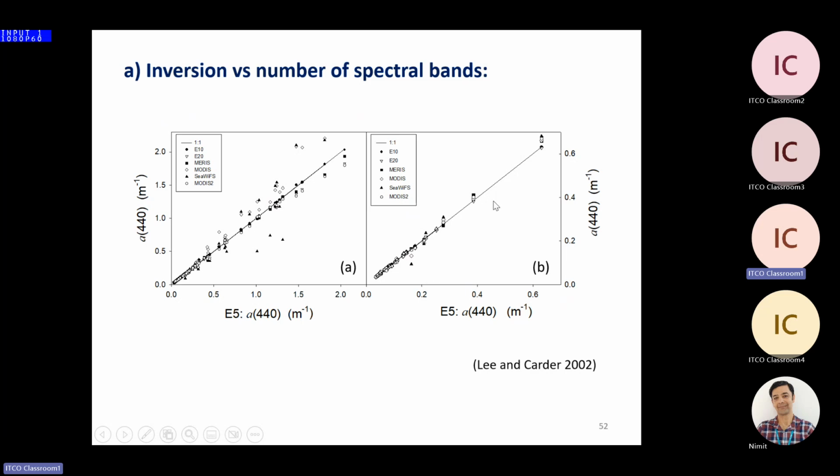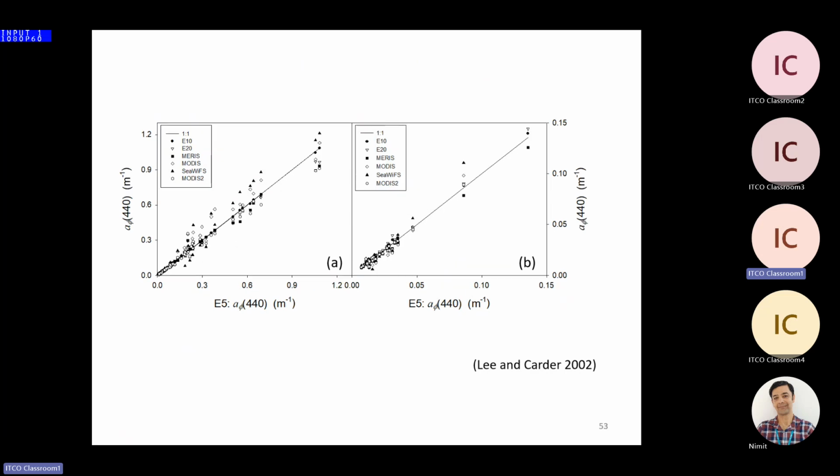So all the satellites pretty much give us similar results. So the impact of these bands really depends on the water. For really turbid waters, we need more bands. But even with more bands, a 5 nanometer band versus a 10 nanometer band, the difference is small. This is total absorption. Here is the phytoplankton absorption at 440.